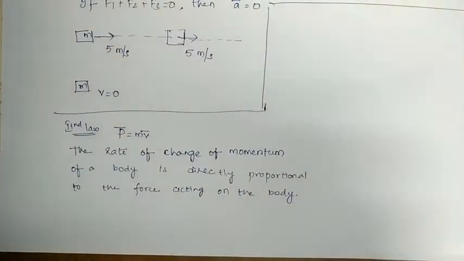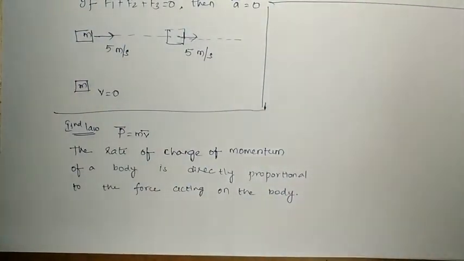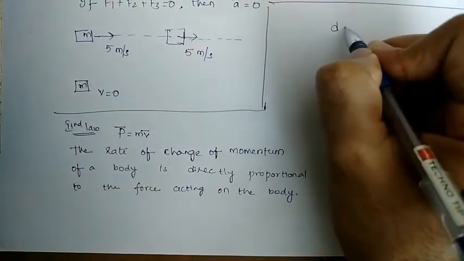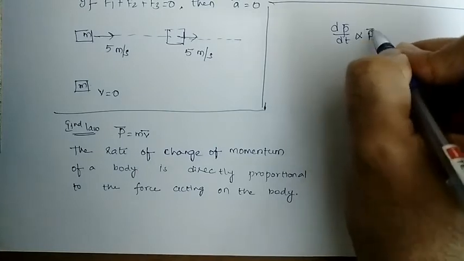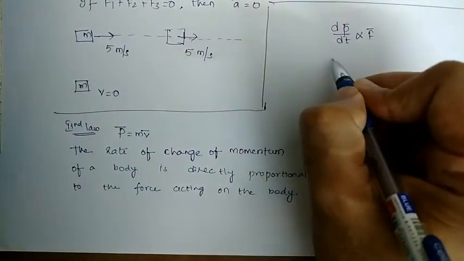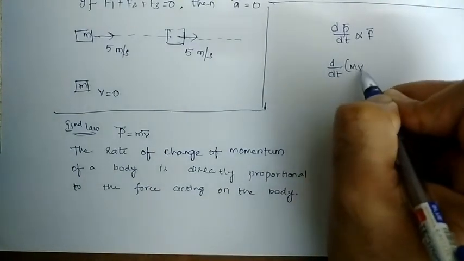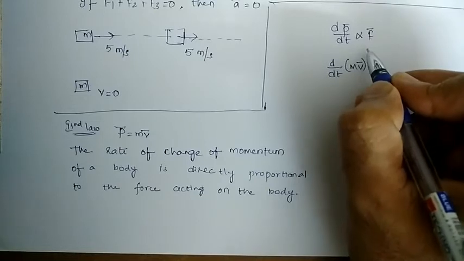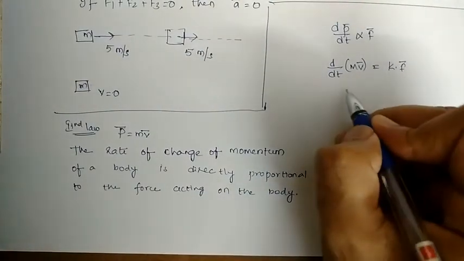Okay, let's proceed. Let's try to put this sentence in the form of an equation. The rate of change of momentum is directly proportional to the force acting on a body, where the momentum can be written as m into v bar. In order to get rid of this proportionality symbol, I will write some constant k times f bar.